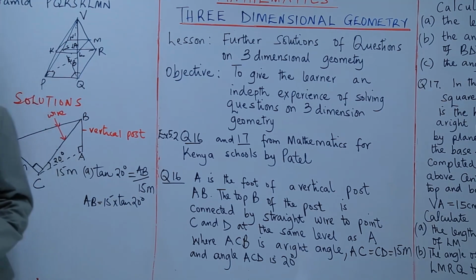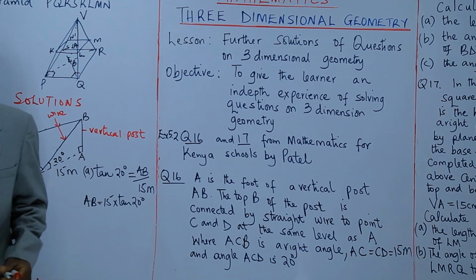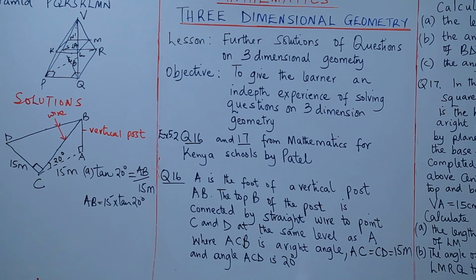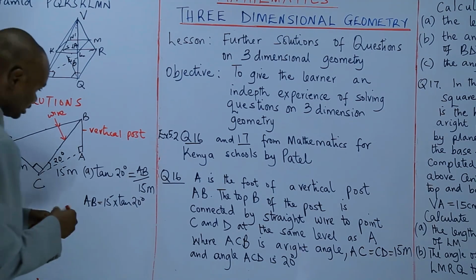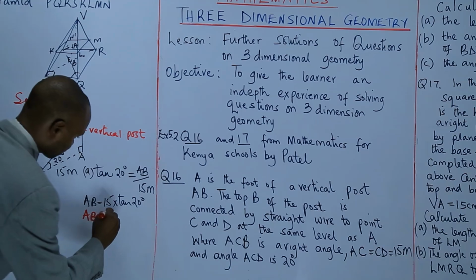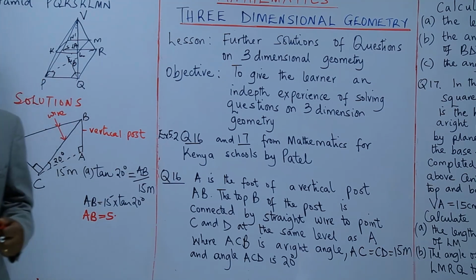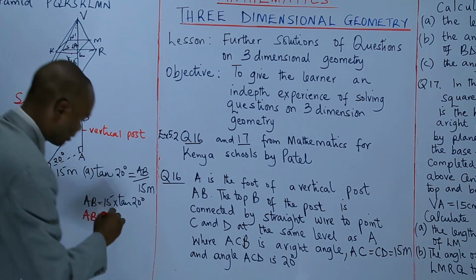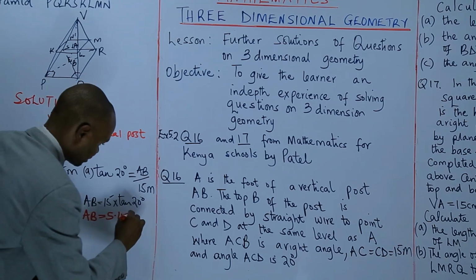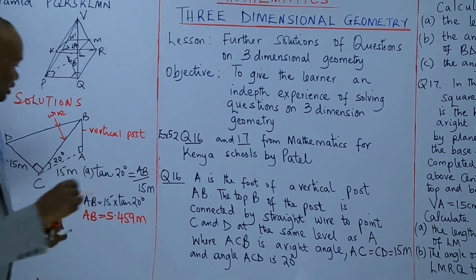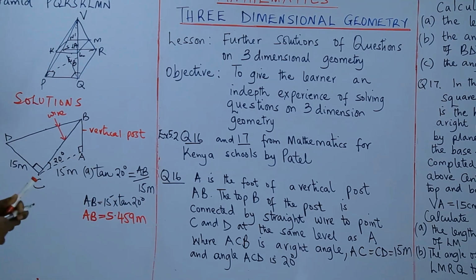A quick punching of the calculator will give you 5.459 meters. That is length AB.